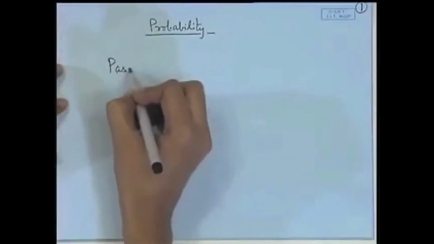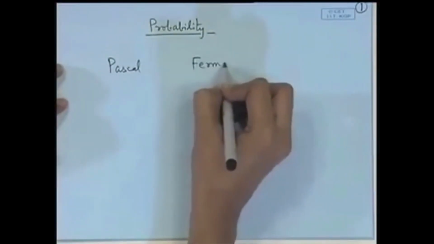Probability theory had its origins in the games of chance in the early 16th and 17th century, when the owners of gambling houses in Europe became interested in exploring whether one can find the probabilities of various events which take place during a gambling game, such as tossing of dice, rolling of coins, roulette wheels, etc. So, they contacted some of the prominent mathematicians of that time, say Pascal and Fermat, and through the correspondence between these mathematicians, the theory of probability started to develop.